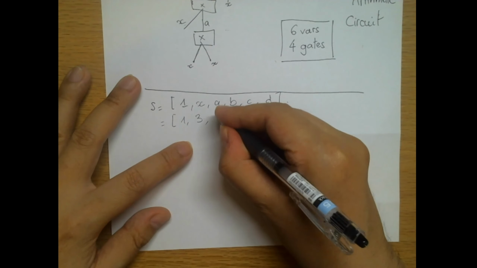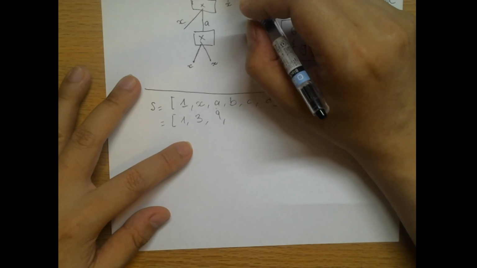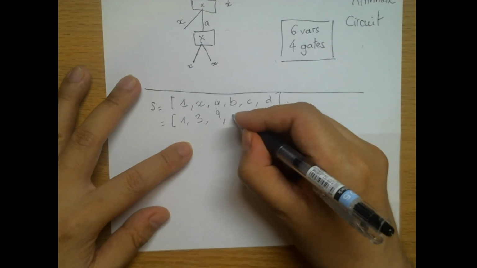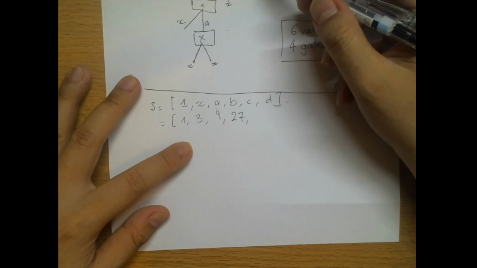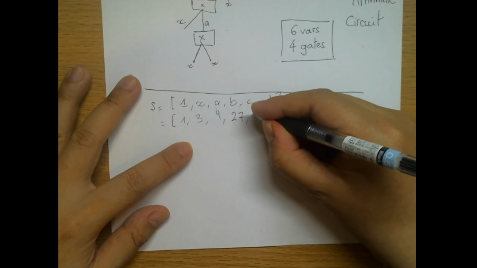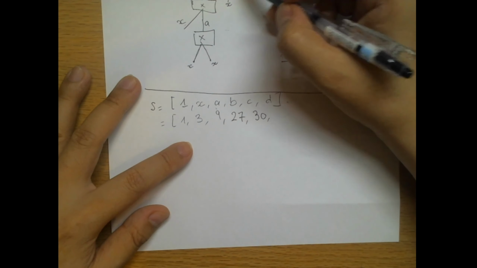Then B is 9 times 3, 27. Then C is 27 plus 3, so it's 30. And then D is C plus 5, so it's 35.